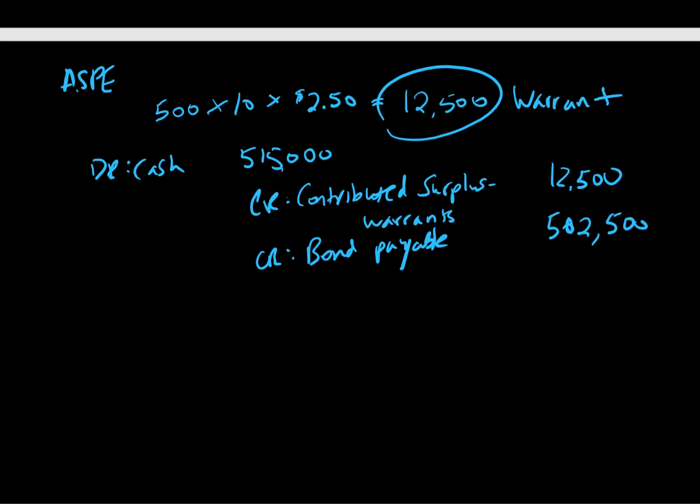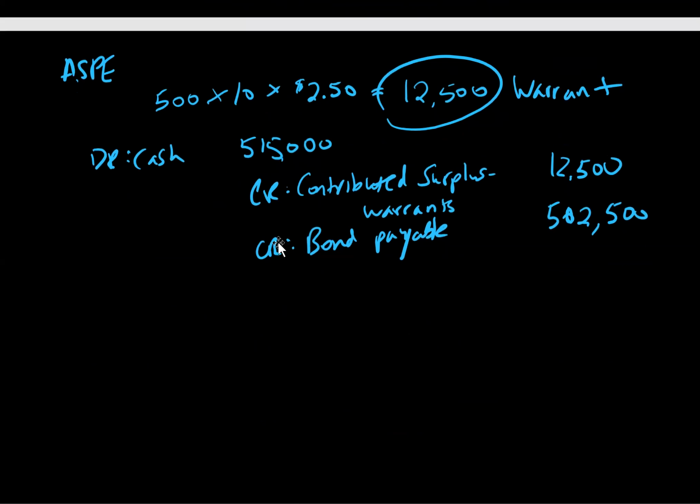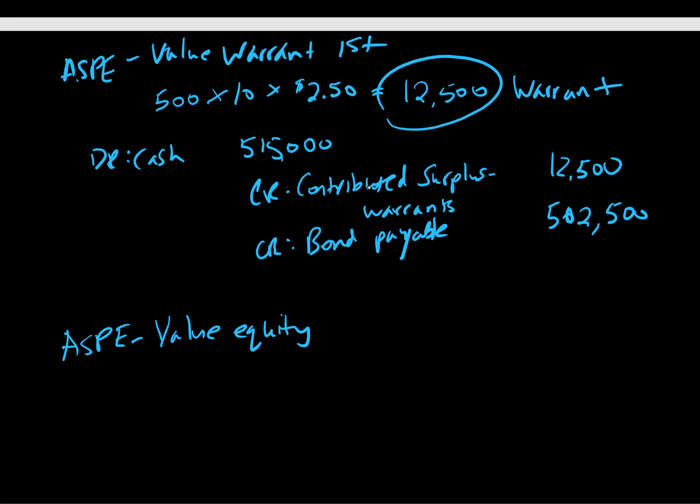Another policy choice that ASPI allows is to measure the equity at 0. So ASPI would also allow us just to simply say debit cash, 515,000.